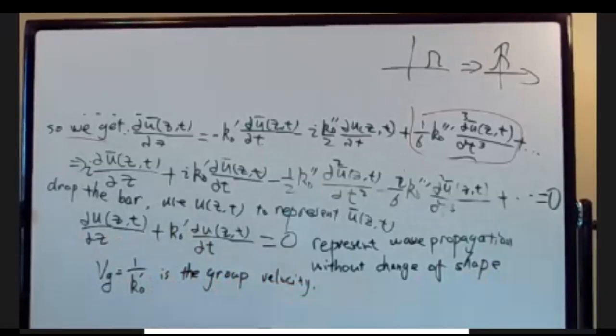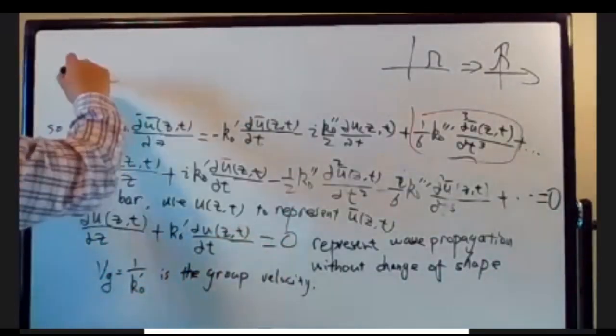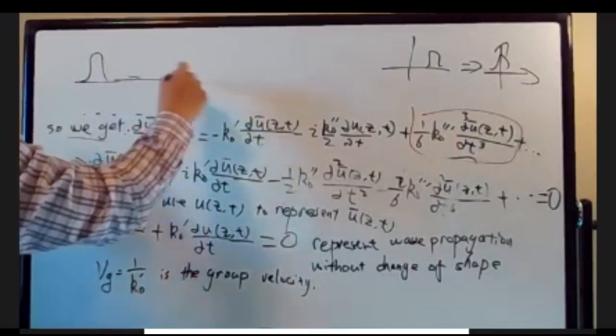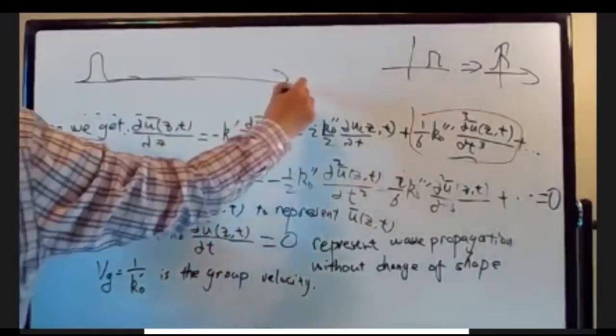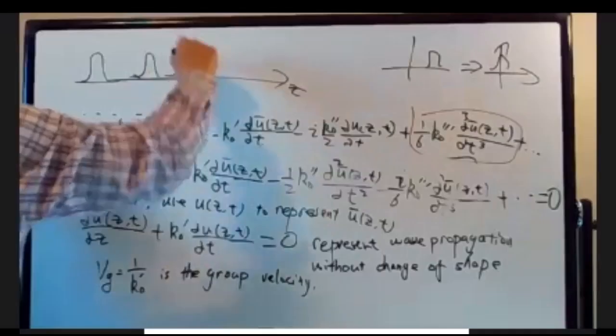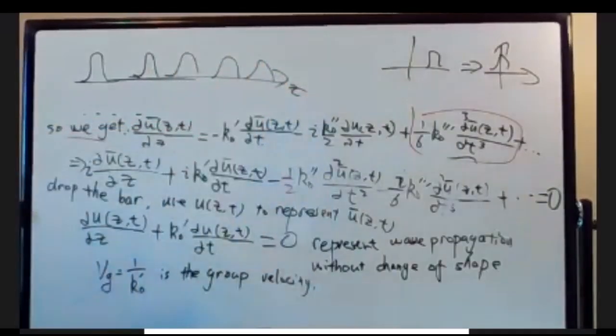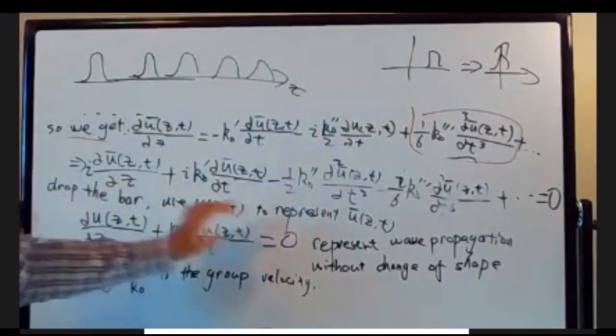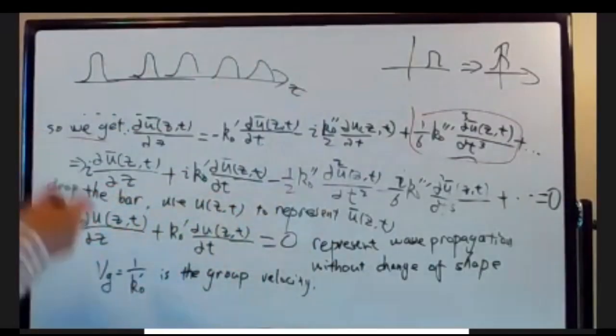That's how this pulse propagates, right? So I have a pulse and then it propagates along z. So this equation characterizes the wave propagation equation, right?